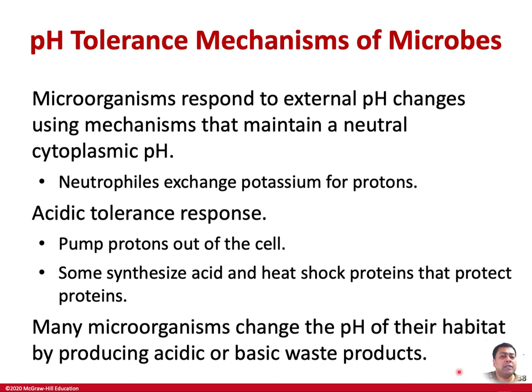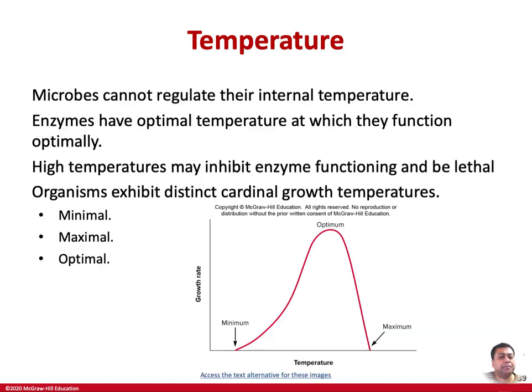They surround themselves with a thick layer of polysaccharides, along with mucus, and secrete specific alkali solutions. They release them from the cell so that it can negate the effect of the acidity in the environment.